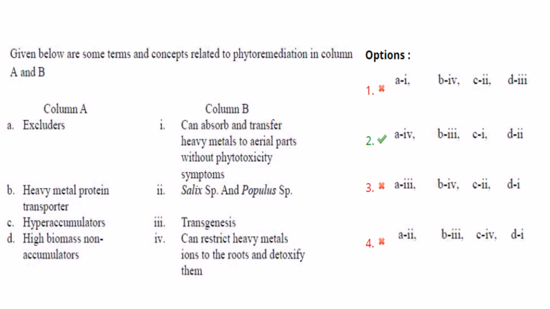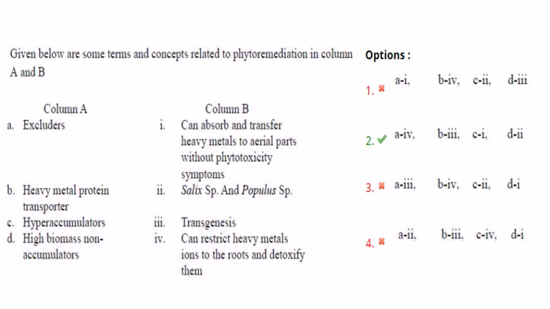And in transgenics, if you transform a plant with the gene encoding for these transporters, then the plant will develop the heavy metal accumulation capacity and will become more efficient in phytoremediation. So B will be 3.